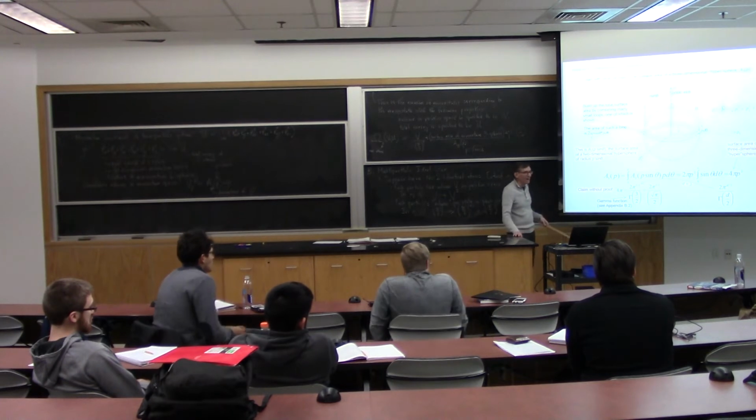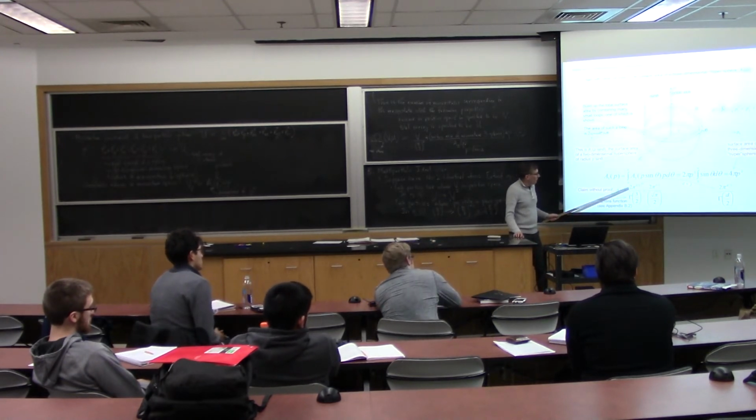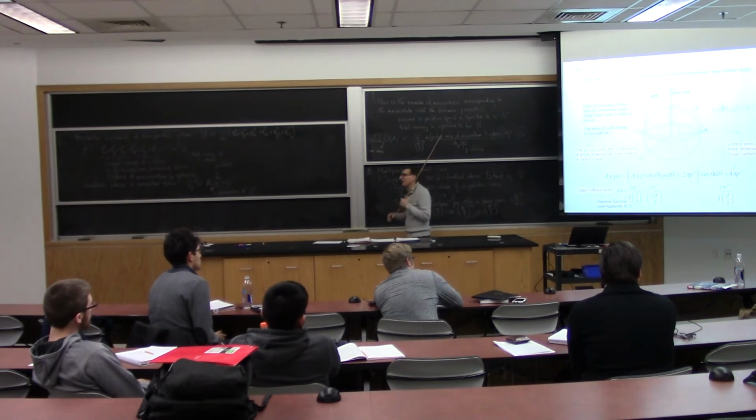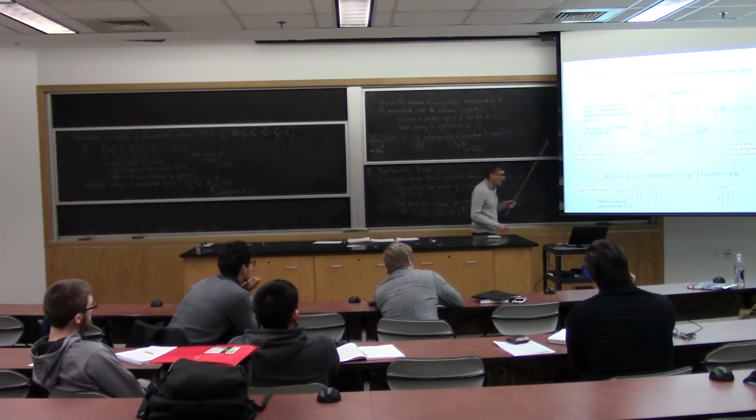I'm going to write 4 pi as 2 pi to the 3/2 over the gamma function, where the argument of the gamma function is 3/2. The gamma function is related to the factorial function that we talked about. If you want to read more about the gamma function, that's also in the mathematical appendix in your book.